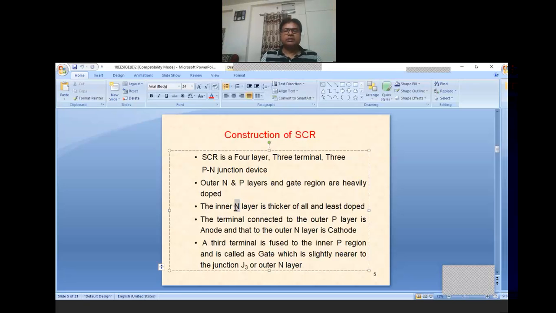It is inner P layer. Inner P layer is thicker of all and least doped. The terminal connected to the outer P layer is anode and that to the outer N layer is cathode. A third terminal is fused to the inner P region and is called as gate, which is slightly nearer to the junction J3 or outer N layer.